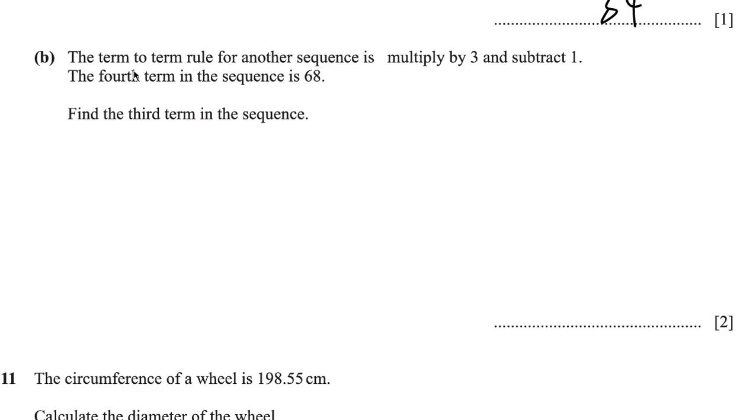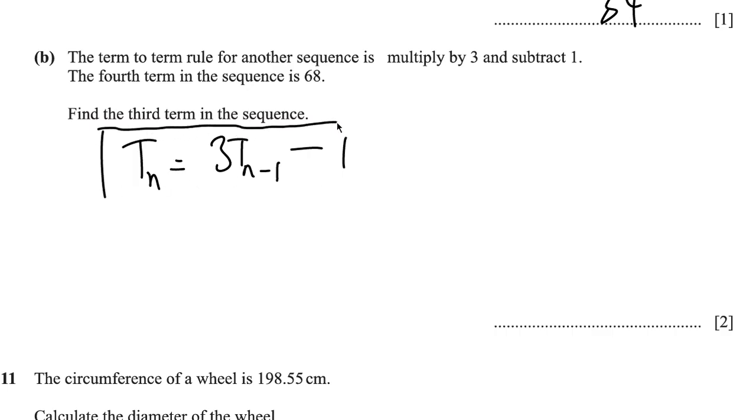The term-to-term rule is what governs the sequence, what gives you each term from the one before. So the rule is Tn equals 3 multiplied by the term before, and then subtract 1.